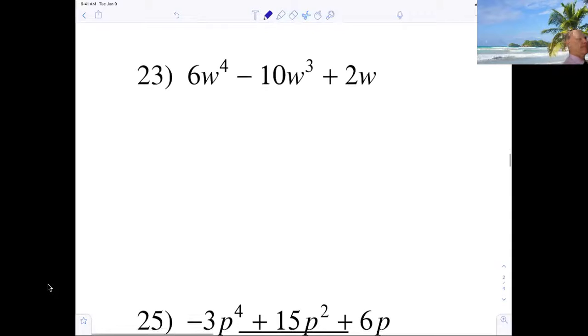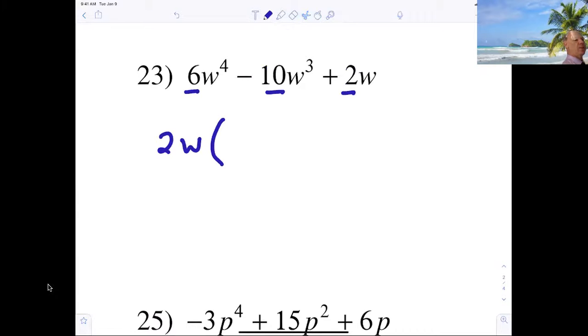Next. Loud and proud. What goes into 6, 10, and 2? 2. 2W. Now, very good. All right, tell me, what am I doing? Dividing the numbers.